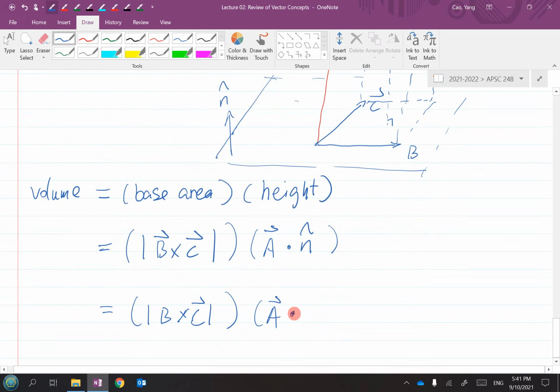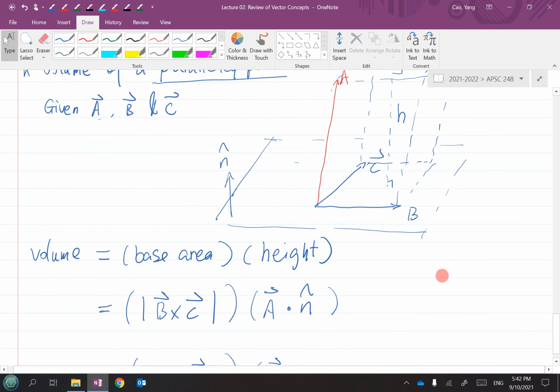So what would be an alternative expression for n hat? Not A cross B, I mean B cross C. But B cross C is not n hat.